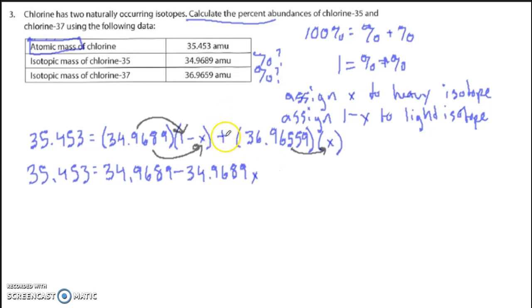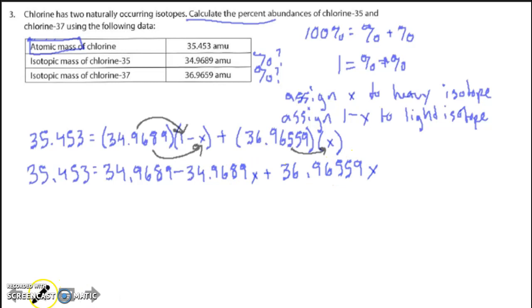All right, so plus this distribution here, well, that didn't do anything too interesting. 36.9659x.